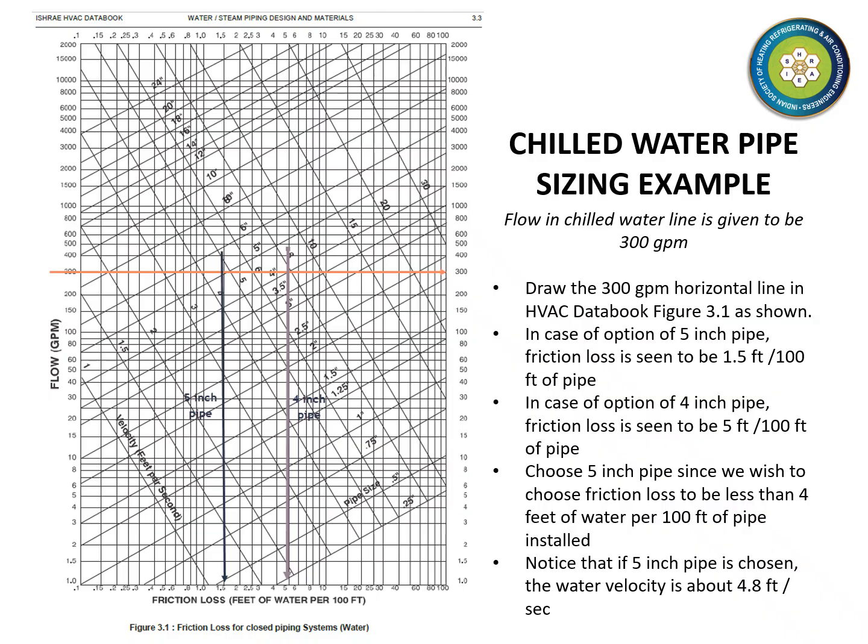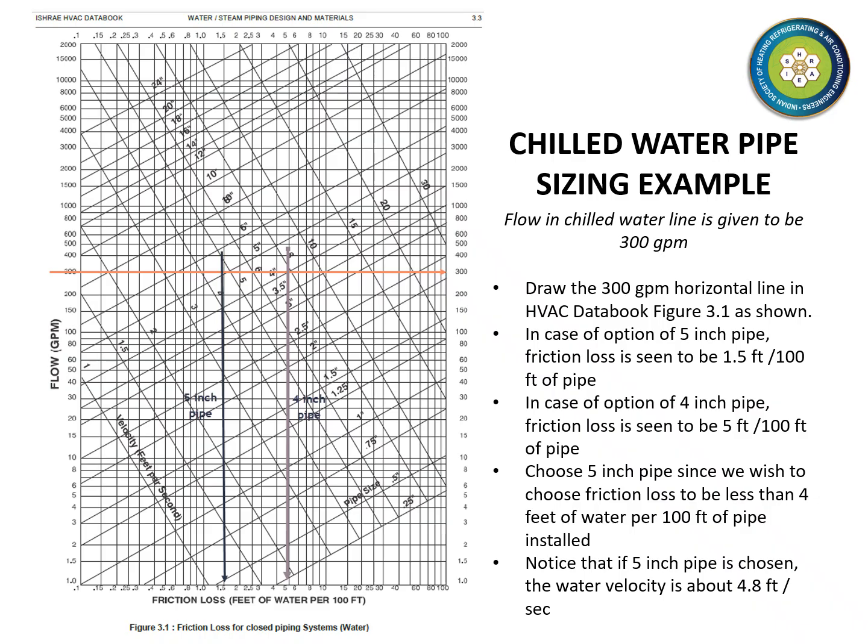Let us now take up an example, that is a chilled water line in which a flow of 300 GPM is required. On the chart in ISHRAE HVAC Databook 2017 figure 3.1, we first draw the 300 GPM horizontal line as shown.